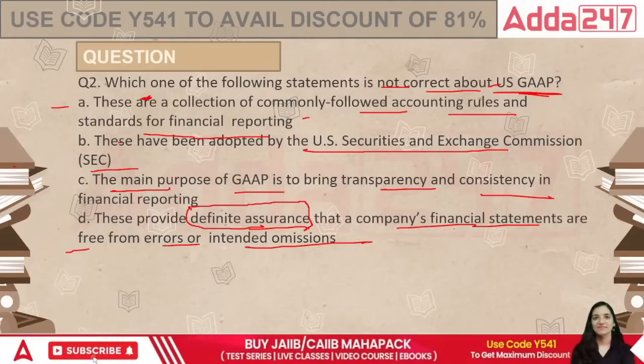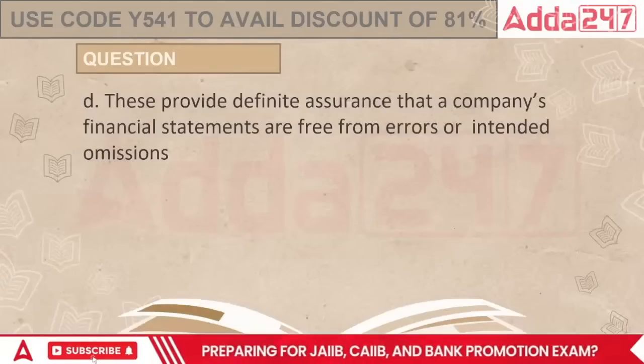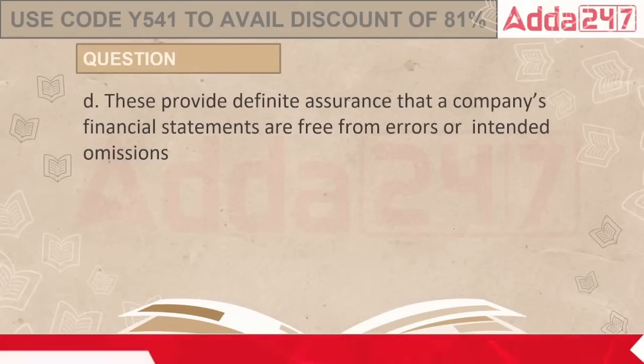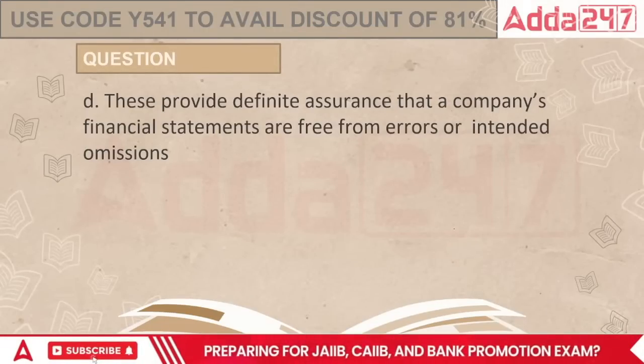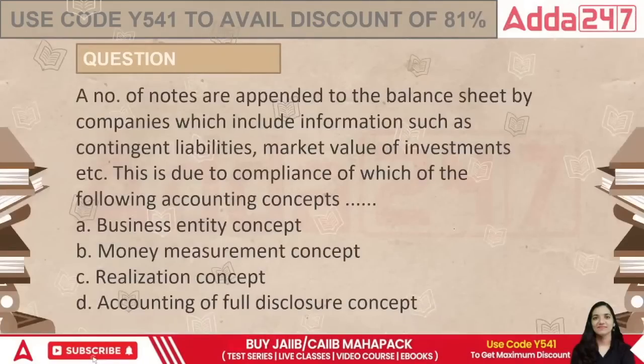Errors can come up at any point of time, isn't it? So how can we say that these are free from errors altogether? So the wrong part is that these provide a definite assurance. Anything that is providing you definite assurance that the books of accounts are error free, then probably they are making a fraud. Because there is no definite assurance even with the best accounting standards that we follow.